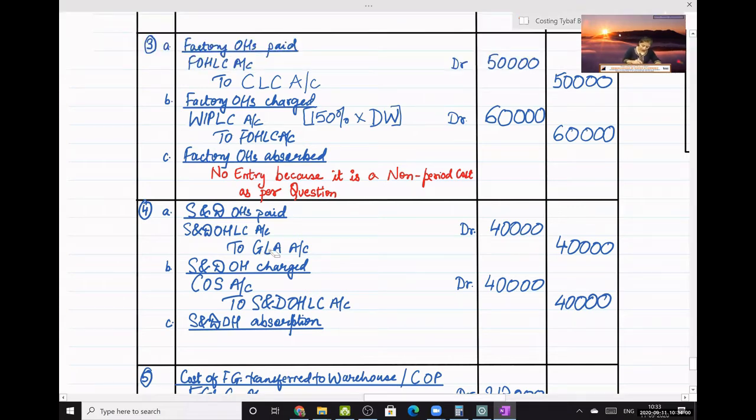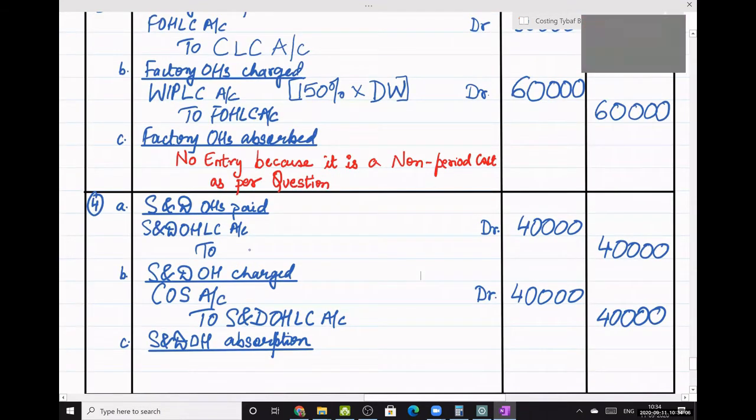Okay. Selling and distribution overheads account debit to GLA की जगह पे CLC. Okay. CLC. Like this. 4A. Then 4B. Cost of sales account debit to SLC. SND.